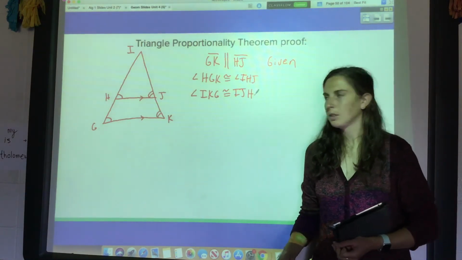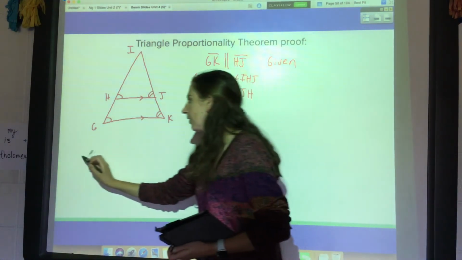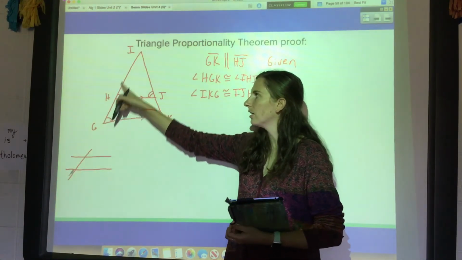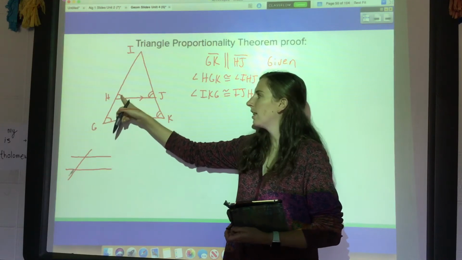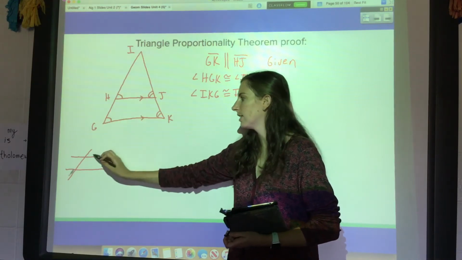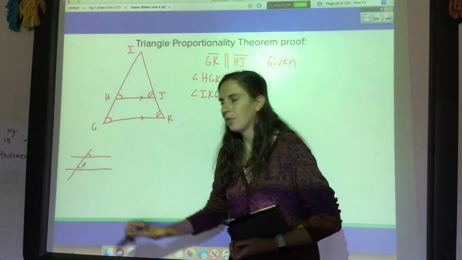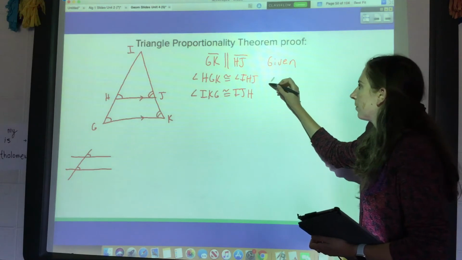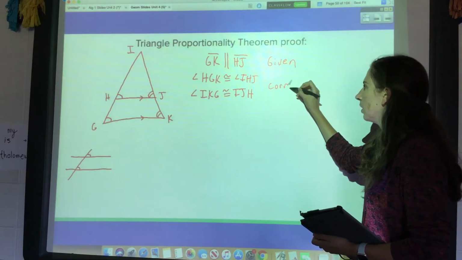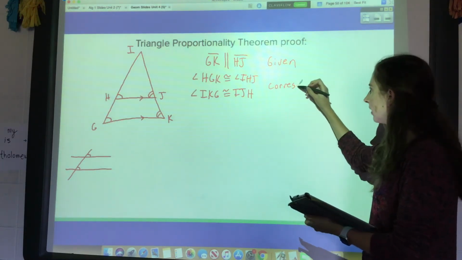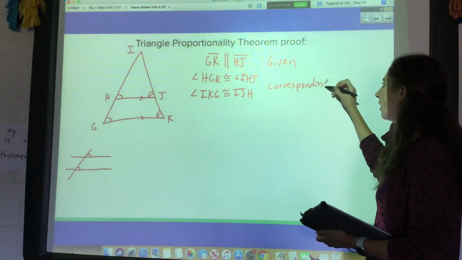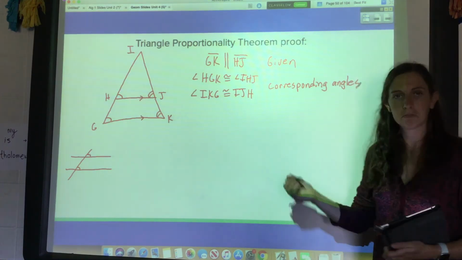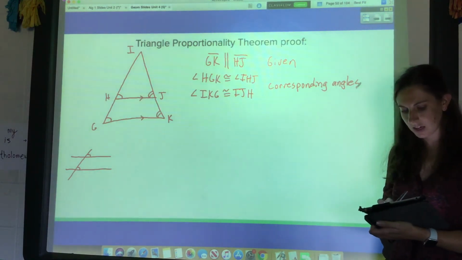How do I know that? Well, if I have two parallel lines with a line cutting through it, which is what's happening here, this is the transversal, then this is in the same position as this. It's like these two right here. And if you remember the review we just did, those are corresponding angles. I spelled corresponding right? Yeah. They are corresponding angles, and so that's the justification for that.